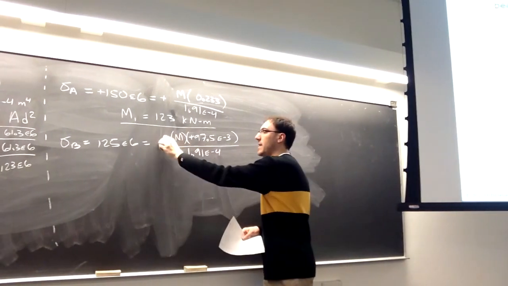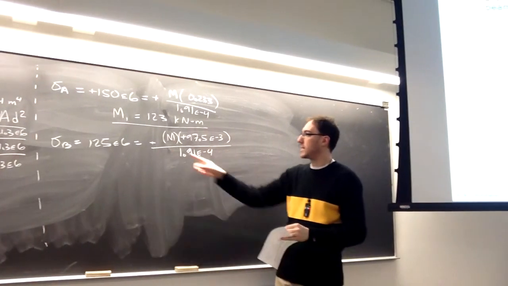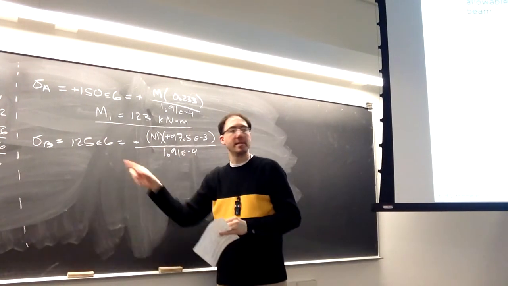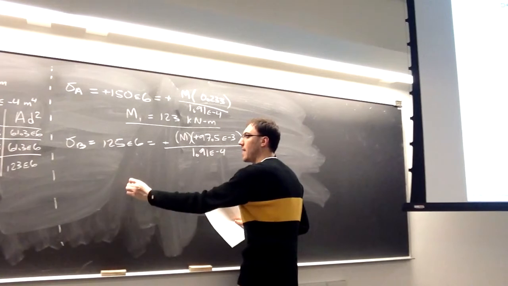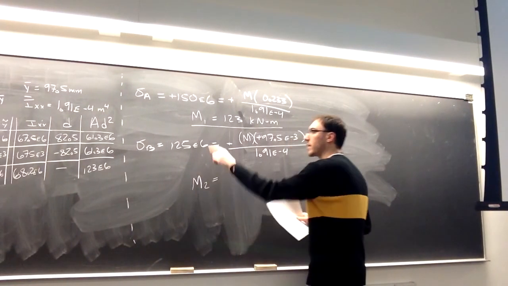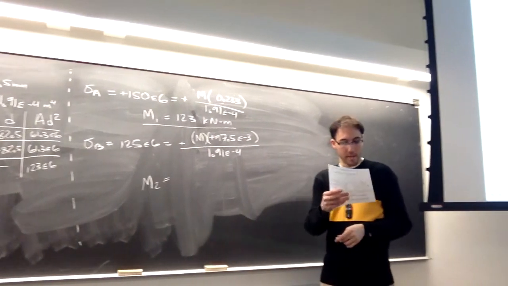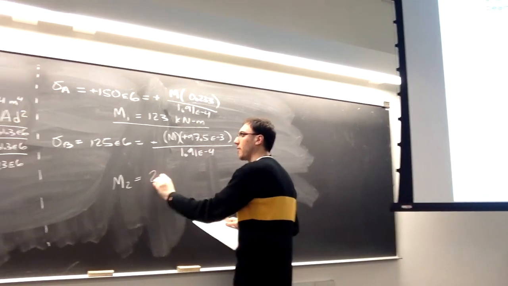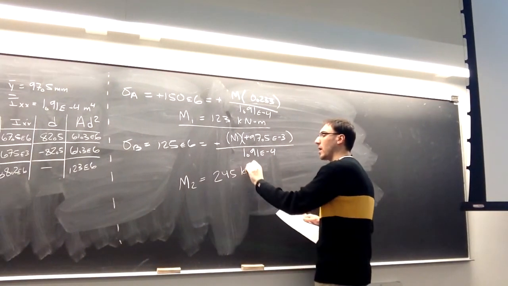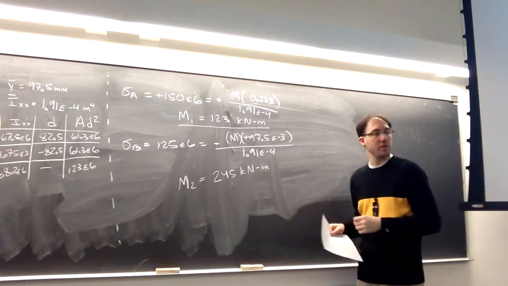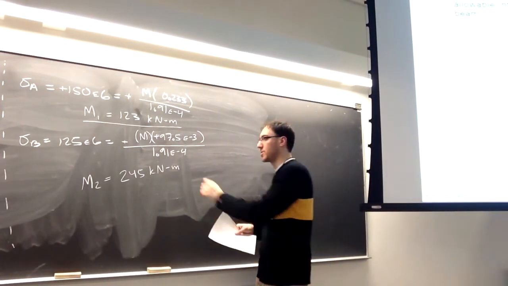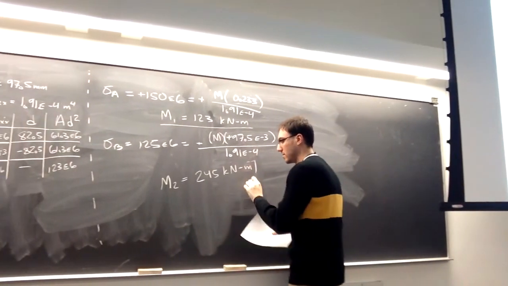We have a negative and a negative, so again, the right side is positive, the left side is positive, so we get a positive M value here. Solving this equation, a moment of 245 kilonewton meters will cause point B to have 125 megapascals of normal stress.